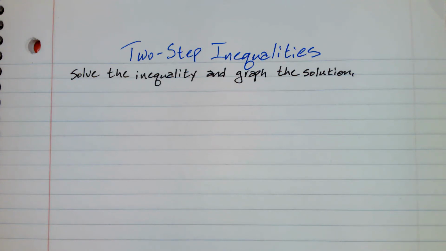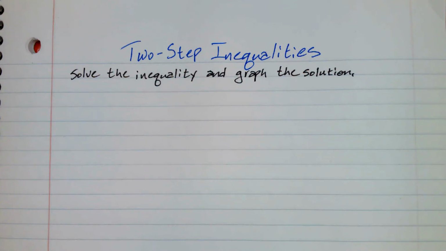So say our answer is x is greater than 7. How many numbers are part of the answer? Not one, not two. Greater than 7, so it could be 8, 9, 10, 11, 11.2.